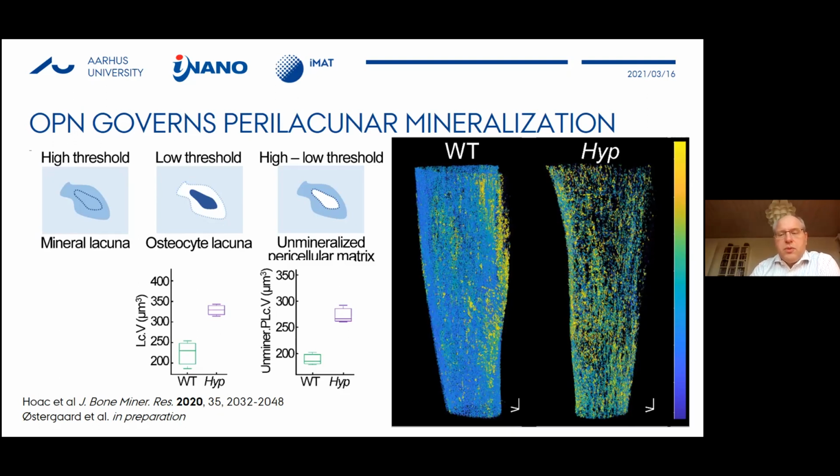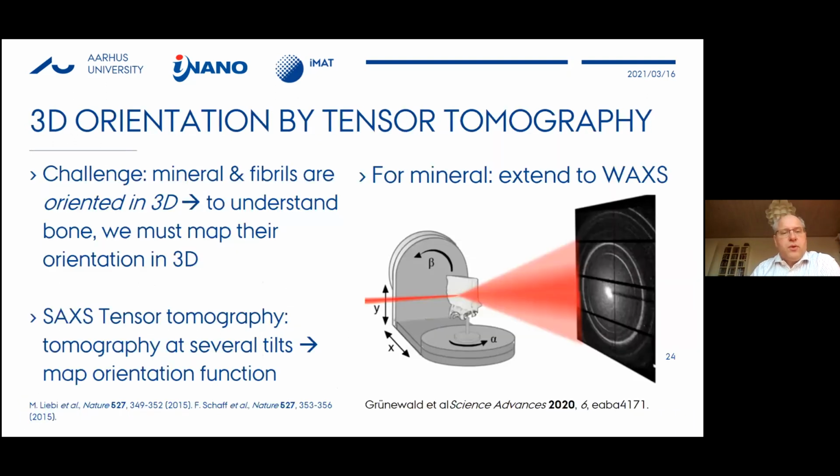And that's because bone is designed to carry the compressive load of our body weight. And this anisotropy in mechanics comes from the fact that the collagen fibrils are organized in space. So to fully understand the properties, we need to understand how mineral and fibers, collagen fibrils, are oriented in 3D. So how can we do this?